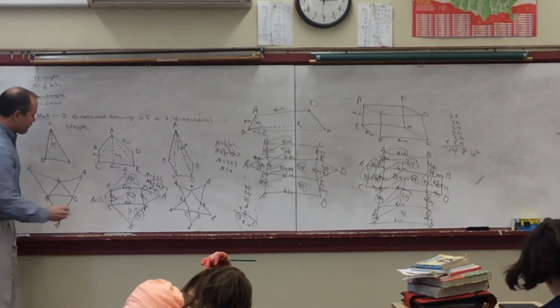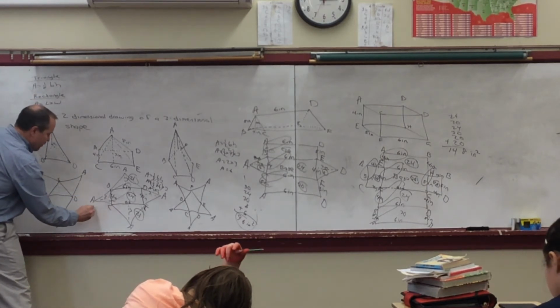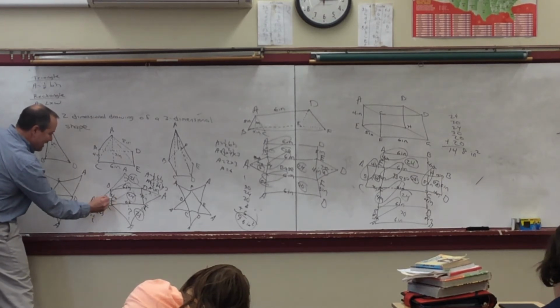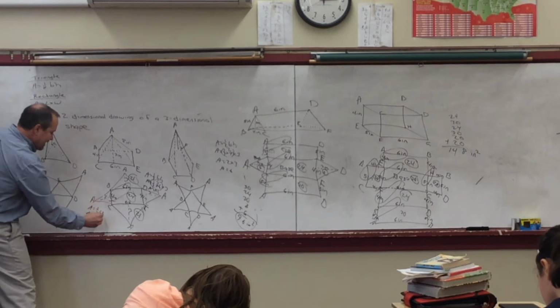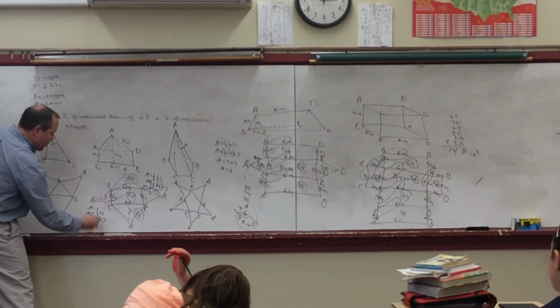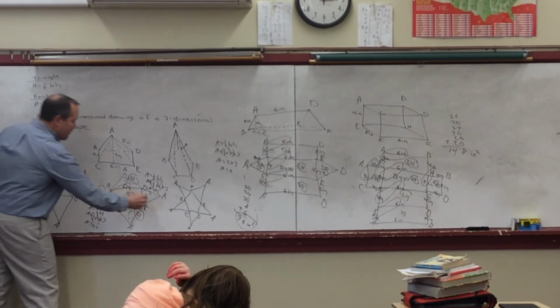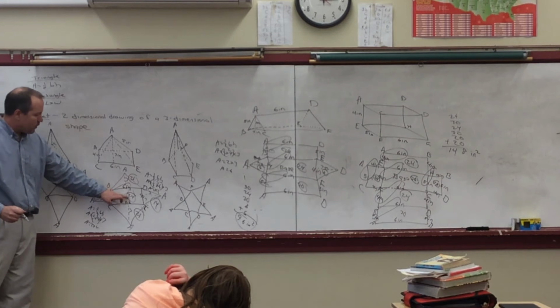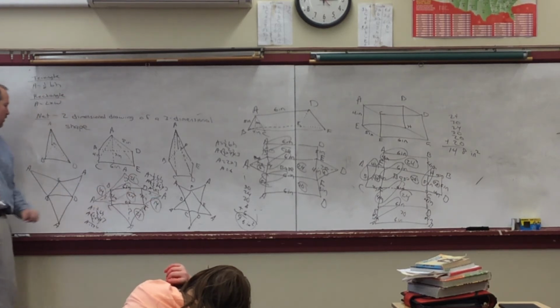For this one here, A equals 1/2 base times height. A equals 1/2. My base is 4. My height is 7. 1/2 times 4 is 2. 2 times 7 is 14. So this one is 14, and that one is 14. And now I just need to add up the 21, the 24, the 21, the 14, and the 14.